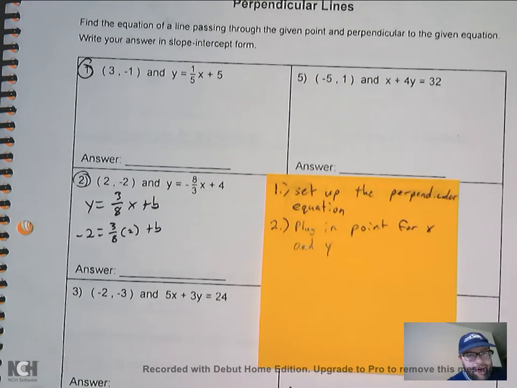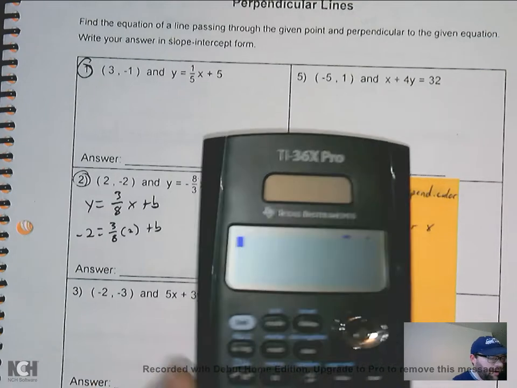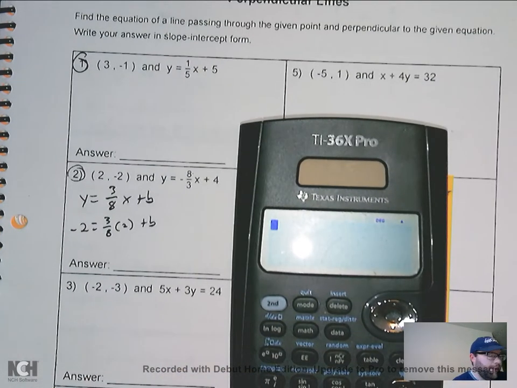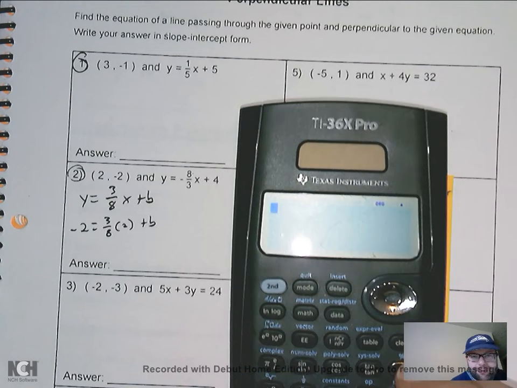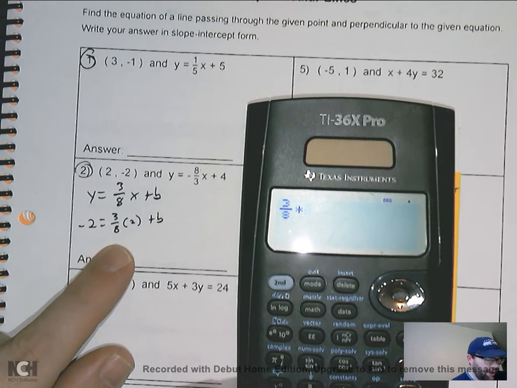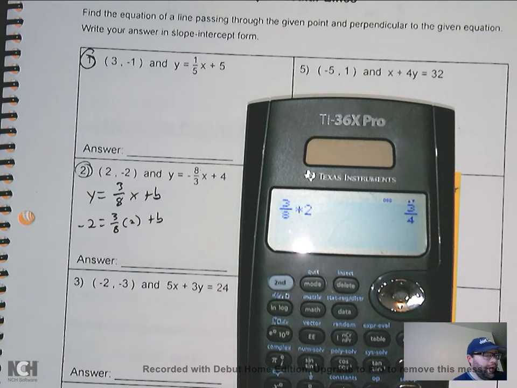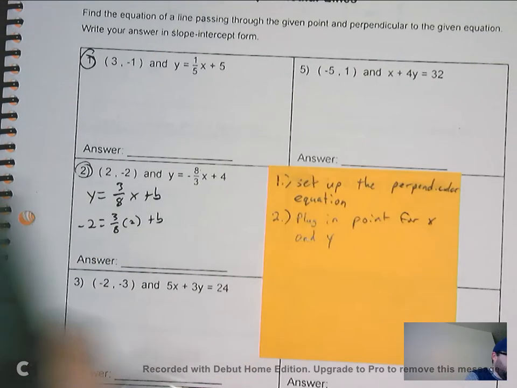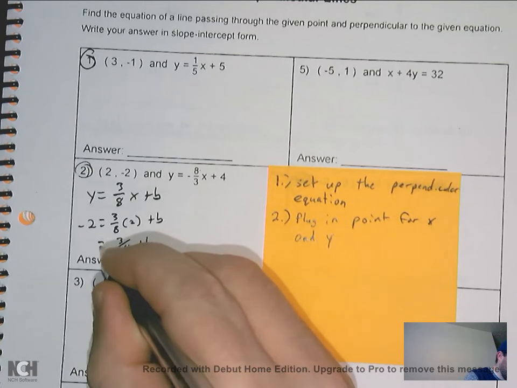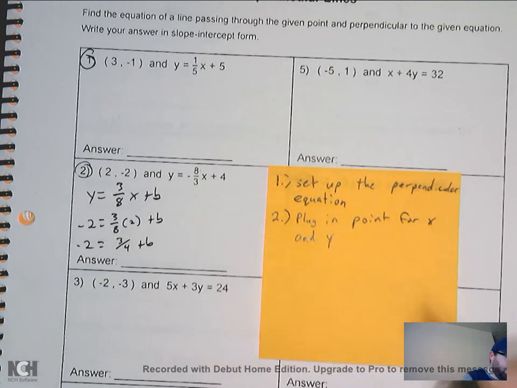And we're going to deal with fractions, so hopefully you guys have a calculator that can do fractions. If not, there's all sorts of calculators online that you can Google or use your phone. Okay? But we're going to start by typing in 3 over 8 and timesing it by 2, which is 3/4. Now, that gives me 3 over 4 plus b equals -2.